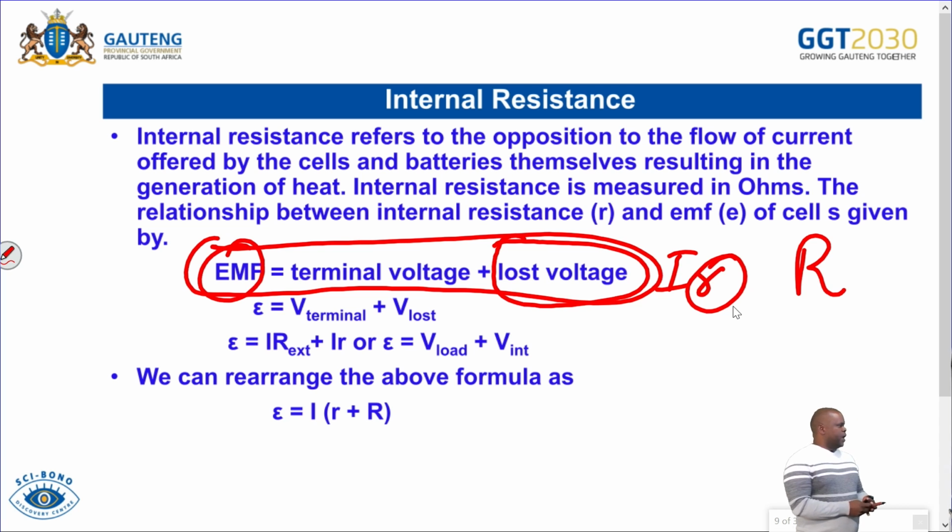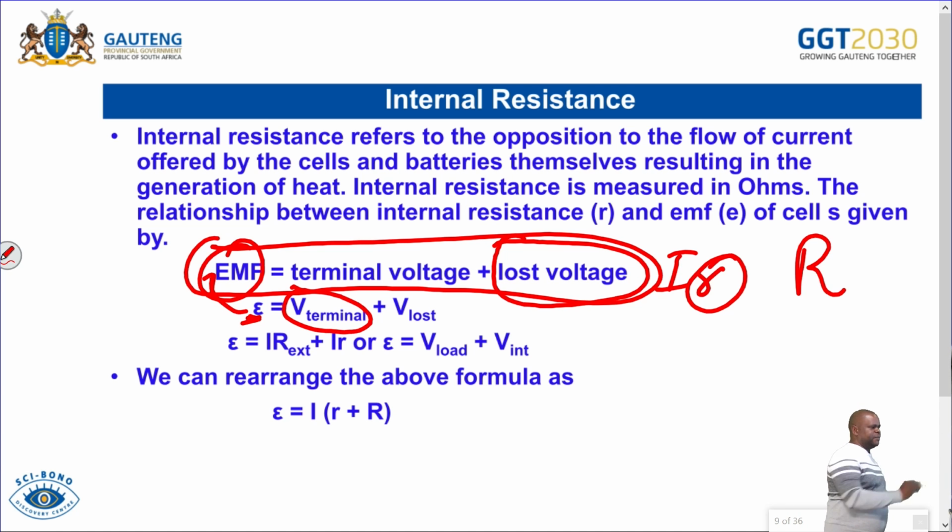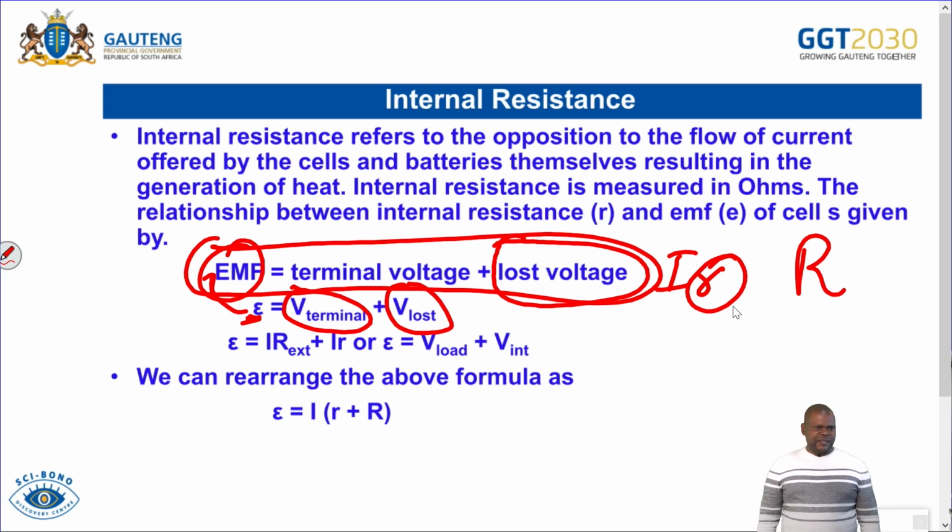Okay, now we continue. You can see this symbol here, it tells you that it is the EMF. And then the terminal voltage we can represent by V terminal, and the lost voltage we represent by V lost. Are we together, grade 11s?